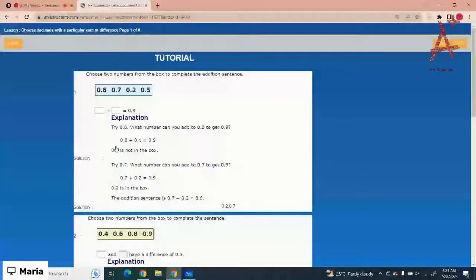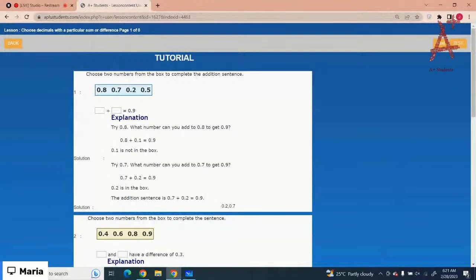The next lesson is choose decimals with a particular sum or difference. Let's just start with the first question. Choose two numbers from the box to complete the addition sentence. Dash and dash sum to 0.9. You are given some numbers in the box: 0.8, 0.7, 0.2, and 0.5.